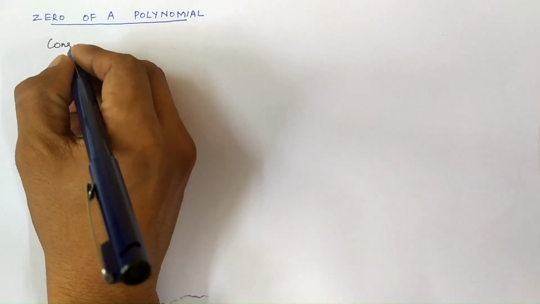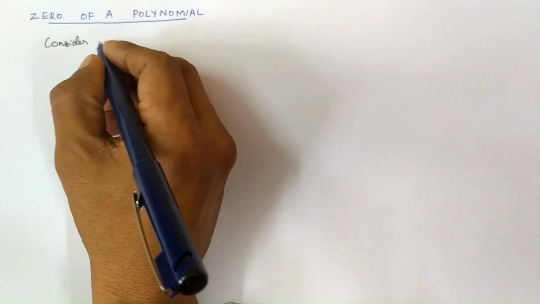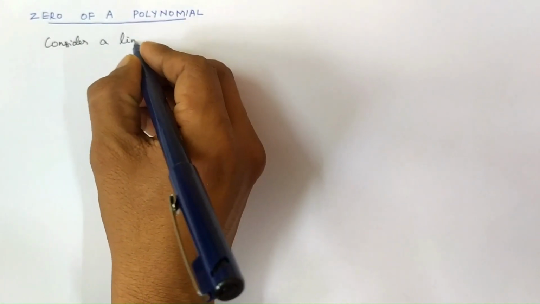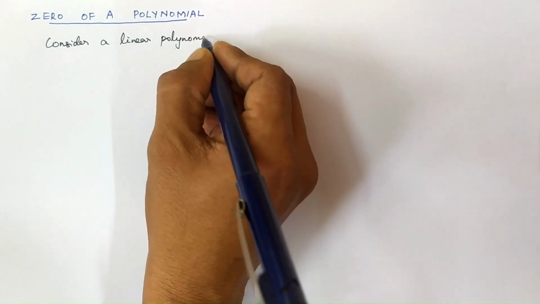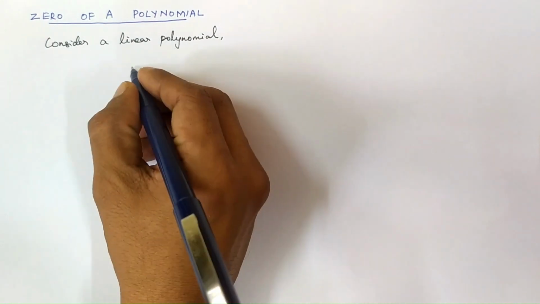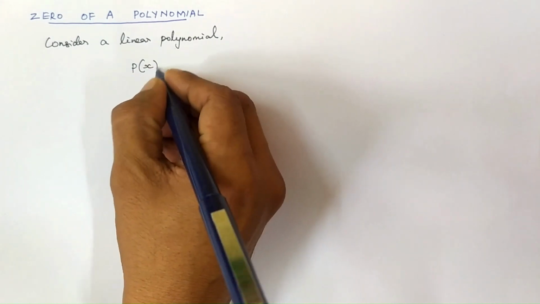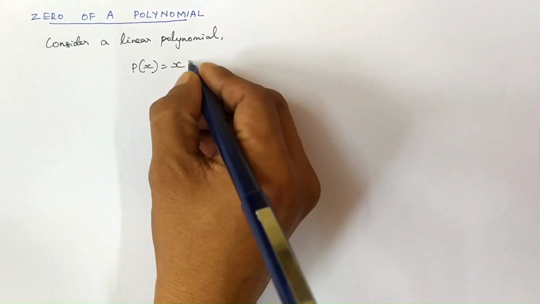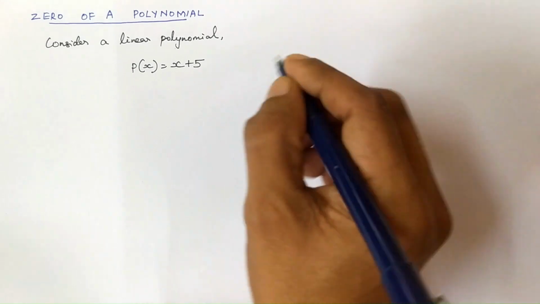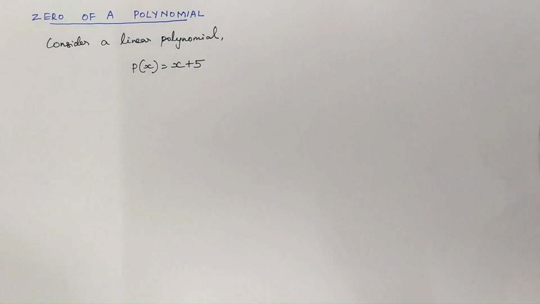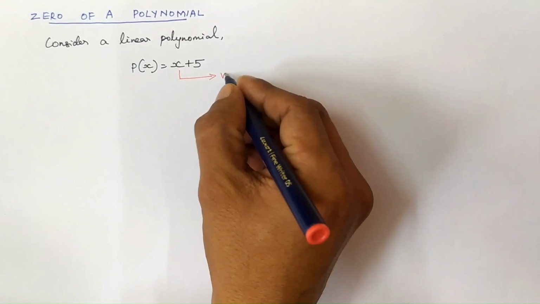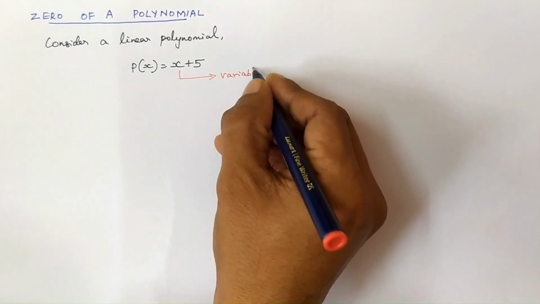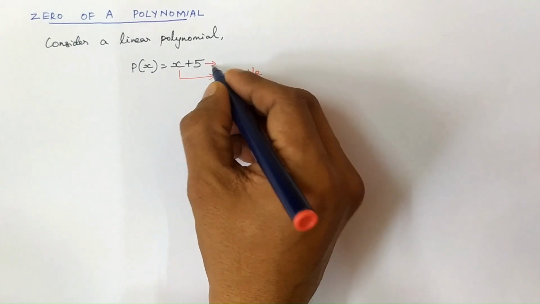Consider a linear polynomial, say p of x is equal to x plus 5. x is the variable, 5 is the constant.